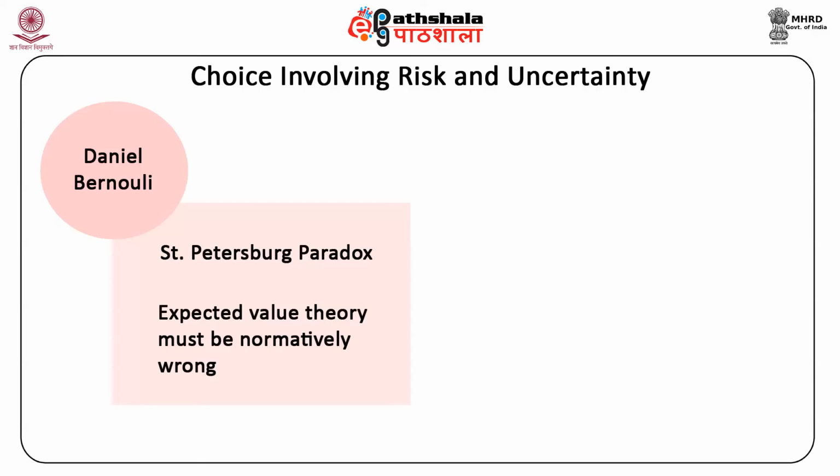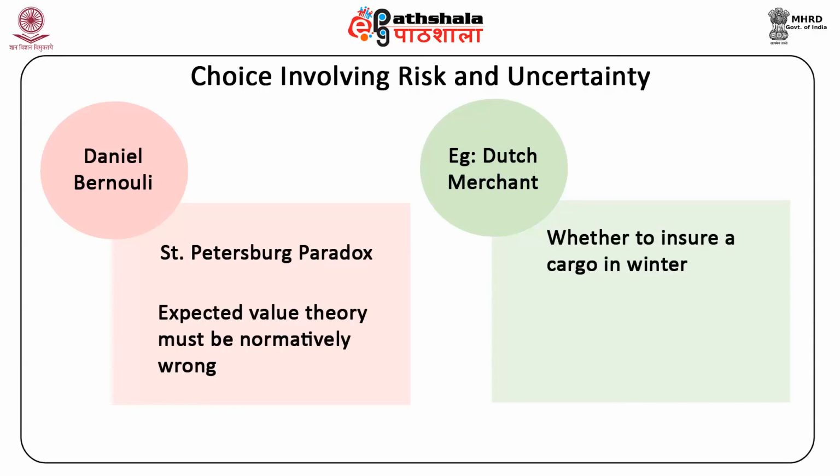He also gives an example in which a Dutch merchant is trying to decide whether to insure a cargo being sent from Amsterdam to St. Petersburg in winter when it is known that there is a 5% chance that the ship and cargo will be lost. In his solution, he defines a utility function and computes the expected utility rather than expected financial value.